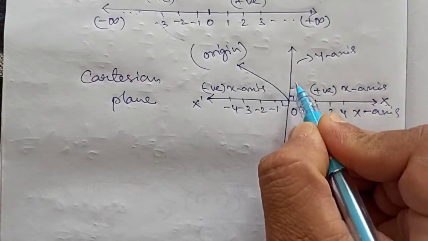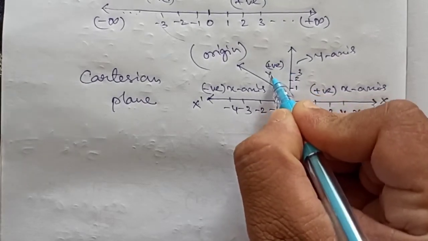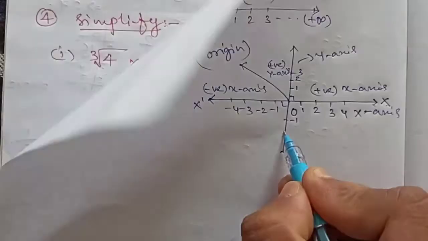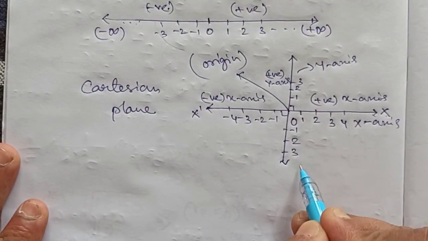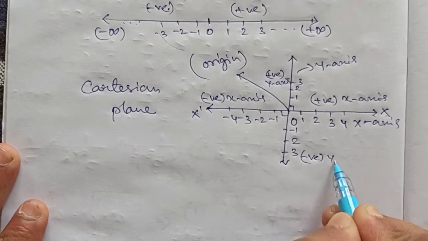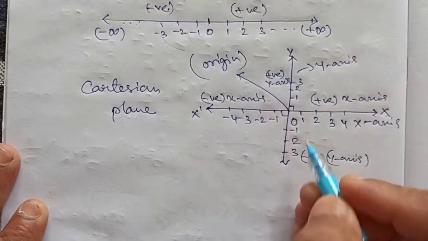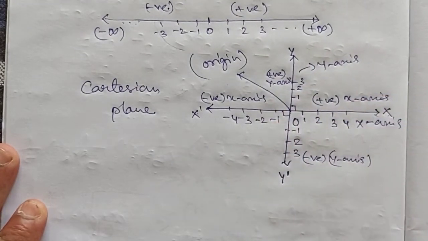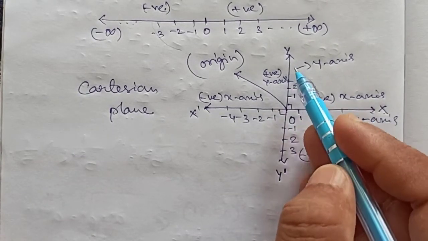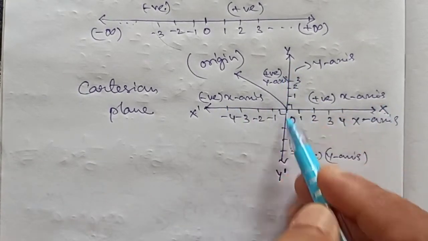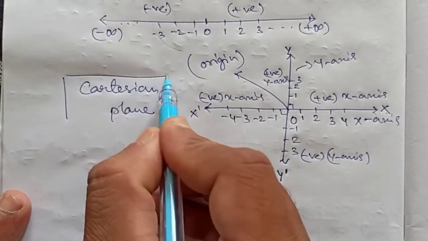Similarly, this side all the numbers are positive, so it is called the positive y-axis. This side all the numbers are negative, that's why it is called the negative y-axis. Getting? So this will be denoted as y and this side will be denoted as y dash. Whenever two number lines intersect each other perpendicularly, it becomes a Cartesian plane.